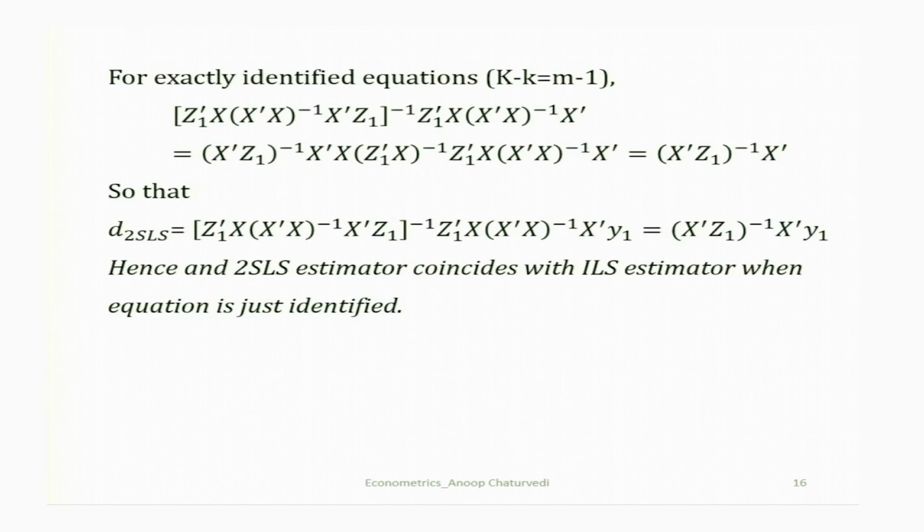Now, in case of an exactly identified equation, capital K minus small k is equal to m minus 1. Then if you look at this matrix Z1 transpose X, this is a square matrix.